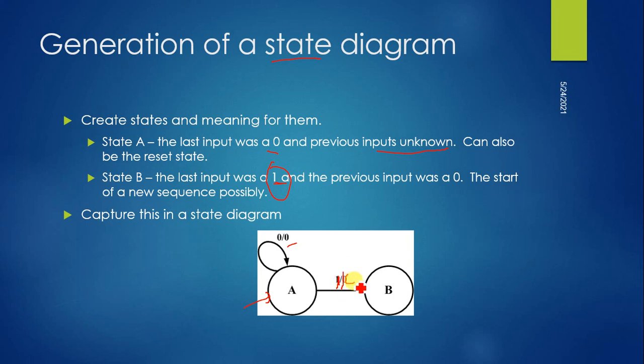The output of B could start a new sequence, that is not set. Since the last input to A and the output are not known, consider both as zeros. This is how you write a state diagram.